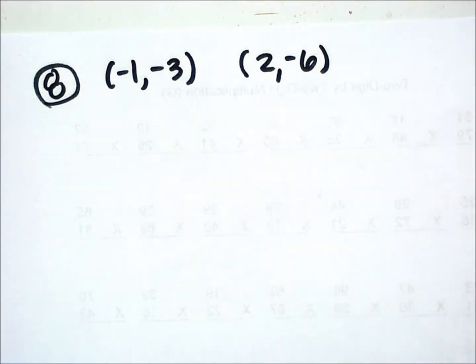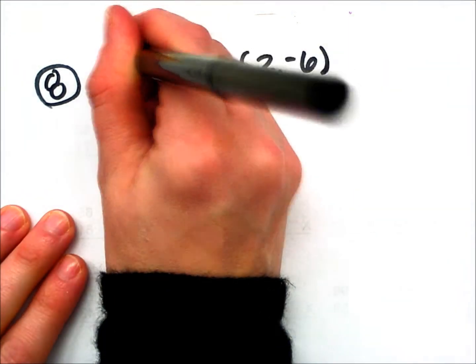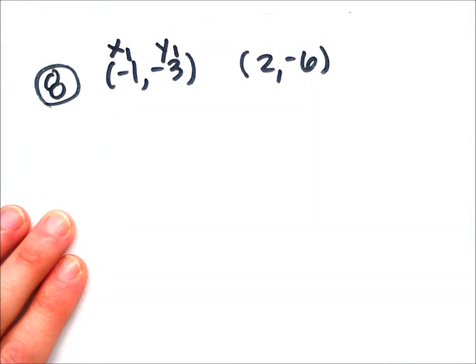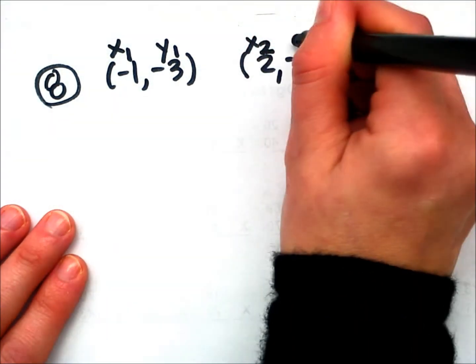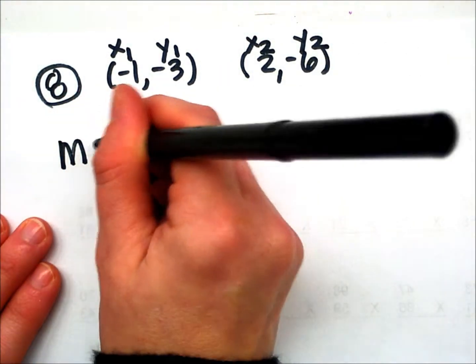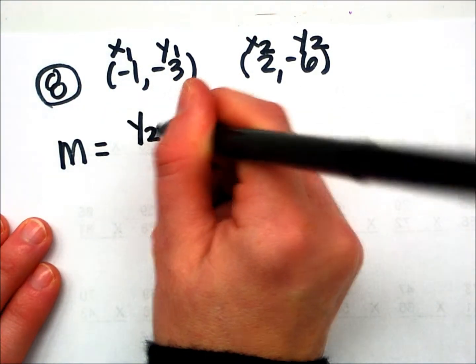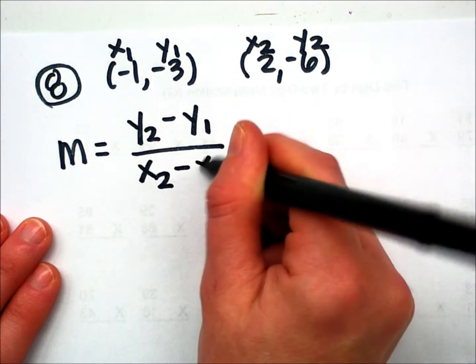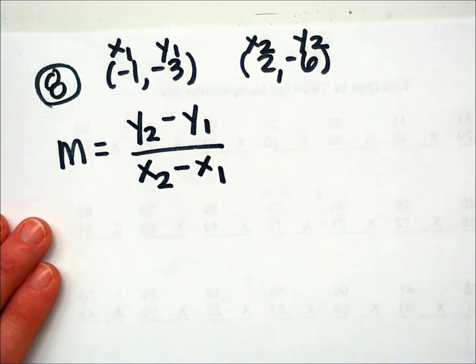Remember I told you yesterday that when you use the slope formula, the very first thing you want to do is label the points. So that'd be x sub 1, y sub 1, x sub 2, y sub 2. And remember the slope formula, we're going to write it down. So m equals y sub 2 minus y sub 1 over x sub 2 minus x sub 1.